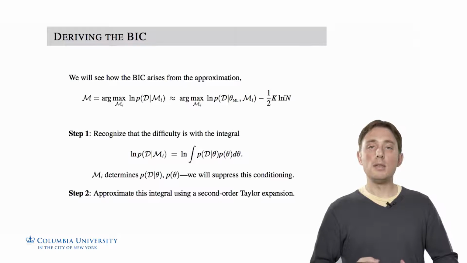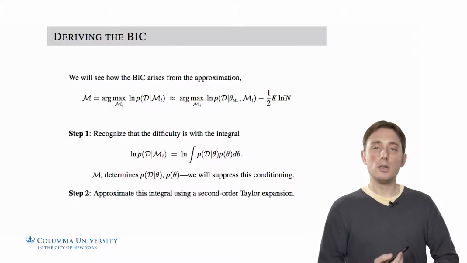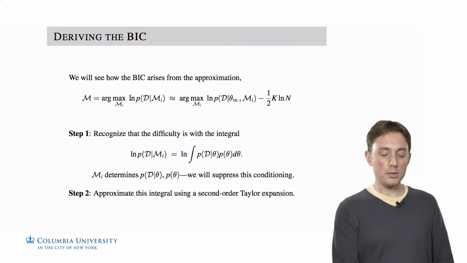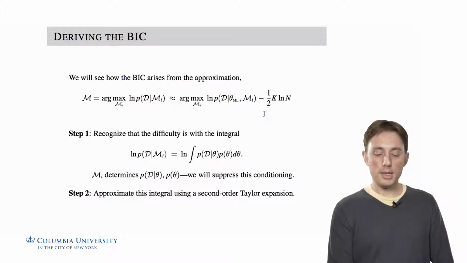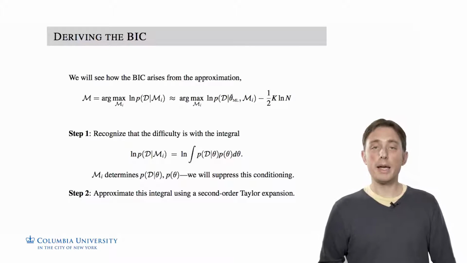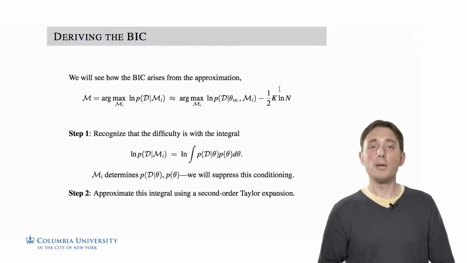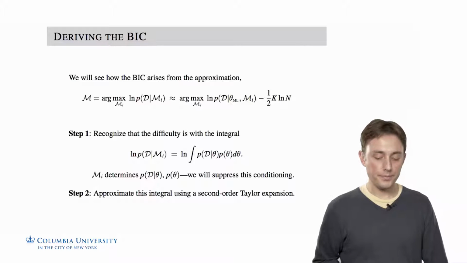So the BIC is a mathematical technique that motivates approximating this log marginal likelihood by this sum of the log likelihood given the maximum likelihood parameter setting and this additional penalty that we're going to pay for the model complexity of the ith model.